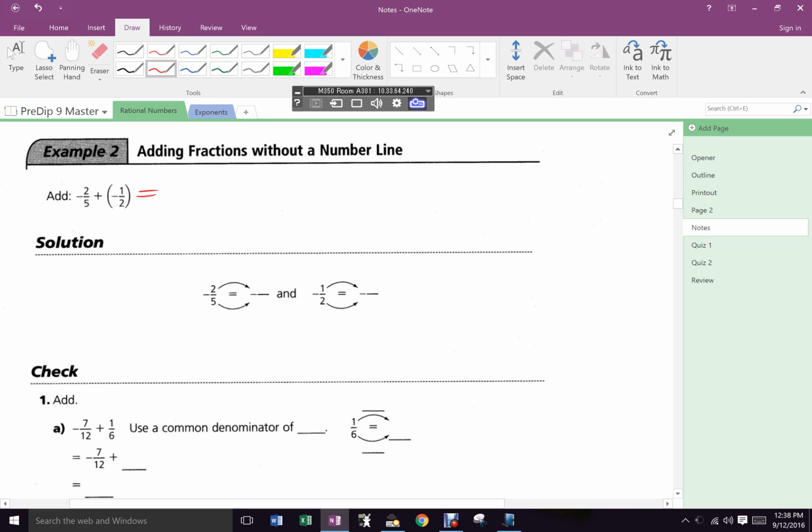So we recognize if we have to illustrate fifths, x over 5 and y over 2 are different sized slices. So then we have to do the common denominator thing.